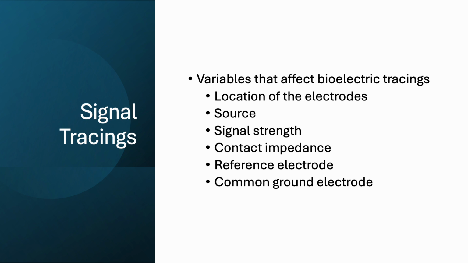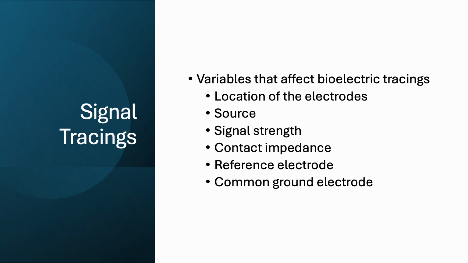There are a lot of elements that can affect signal tracings. The location of the electrodes and their placement compared to the signal source is important. If they're too far or not in the right place, the signal you're looking for might not come in very well. The original signal source strength may also be very low or very high depending on what you're looking for. There are muscles all over the body, and those fibers twitch really quickly, and those signal sources are very strong.